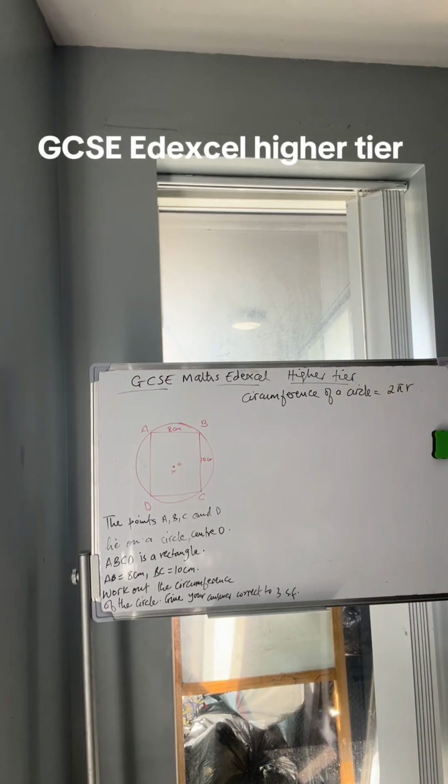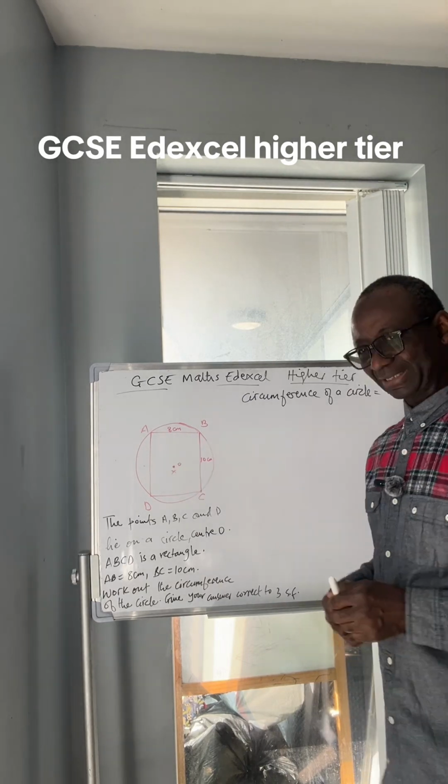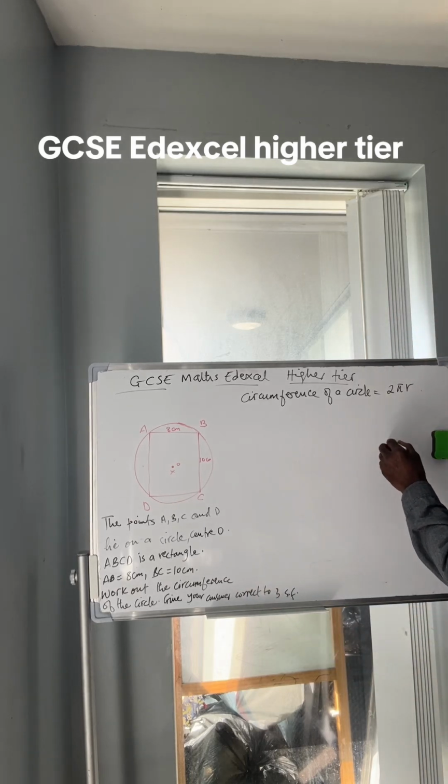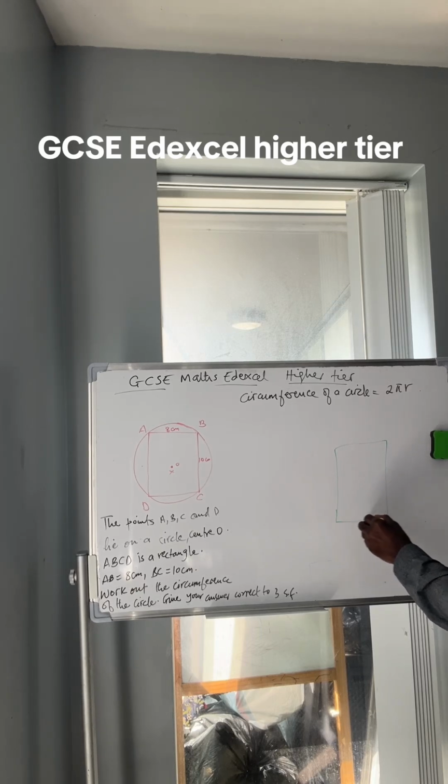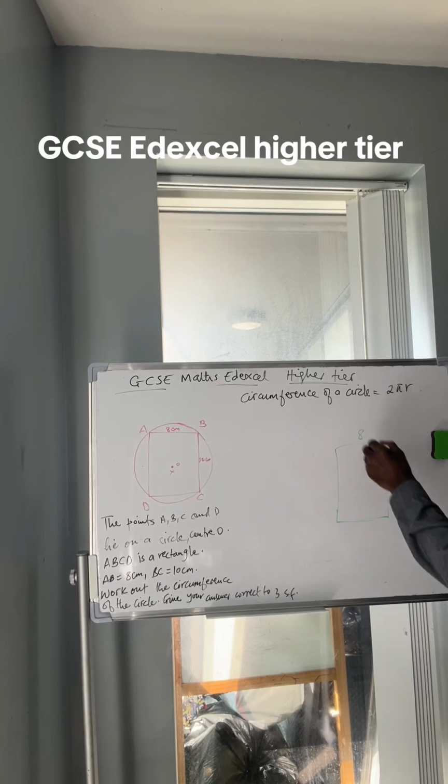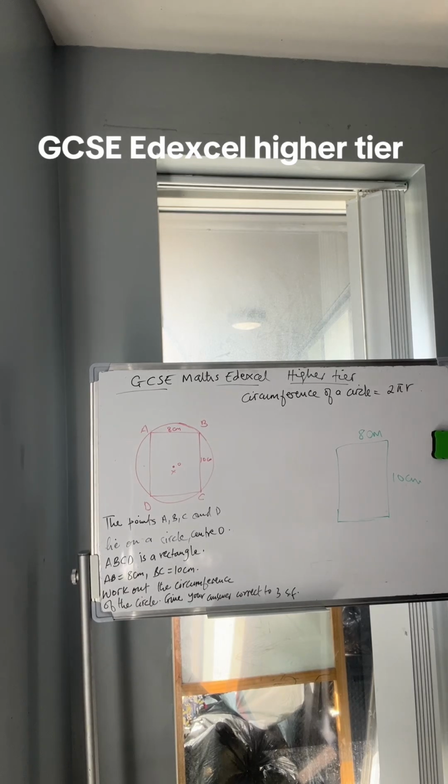We need to know first from this diagram. So how do you go about finding the radius here? Let's change the ink. This is a rectangle. A rectangle looks like this. Here we are given 8, and this is 10 centimeters.